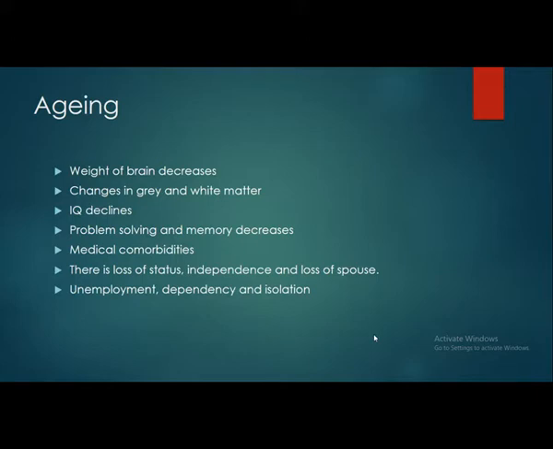So there is a loss of independence, a loss of status, and in some cases there is loss of spouse, which in itself is a huge burden. Then comes the unemployment. With the unemployment, again there is a dependency, as well as isolation. We'll be talking about it later in our presentation.